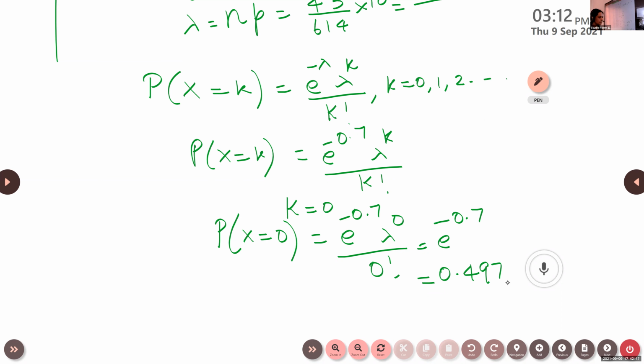Shubham? Shubham, is it okay how to find out this distribution? Poisson distribution. Is it clear? Shubham? Yes, Shubham?